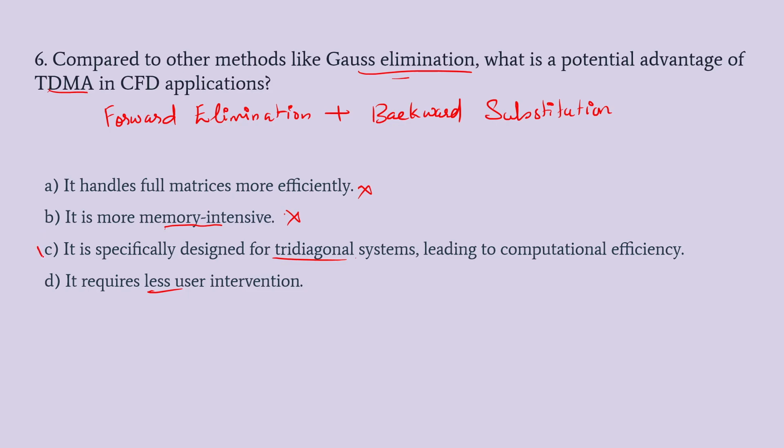Our answer is option C. And option D is kind of an ambiguous statement. It says it requires less user intervention, but actually that will depend on the problem. So from this set of options, option C is the best.